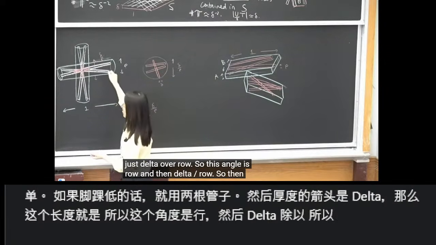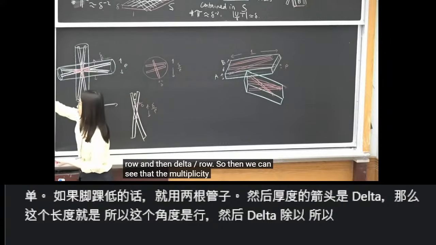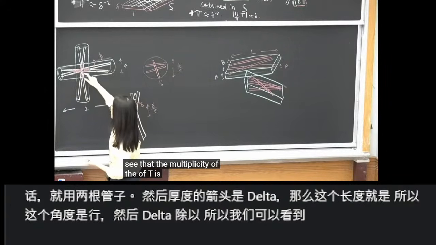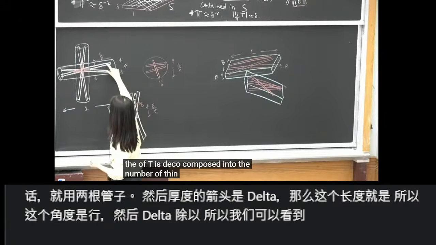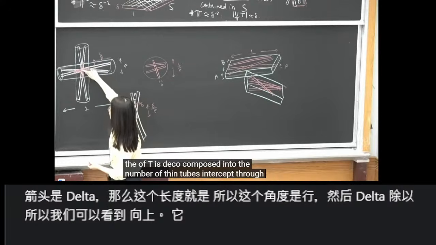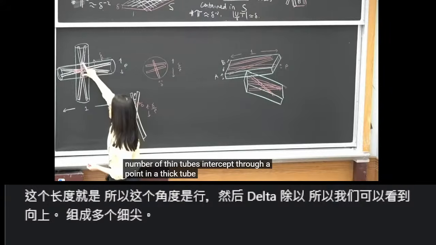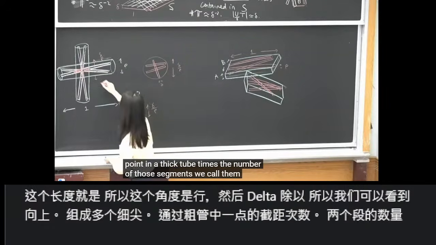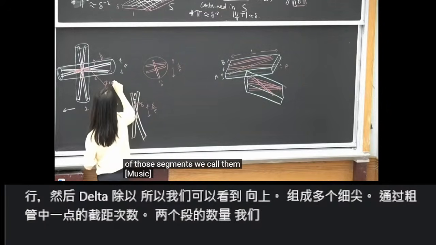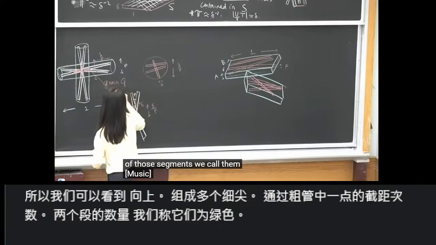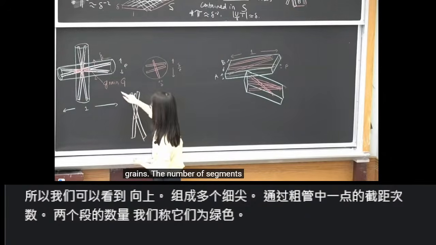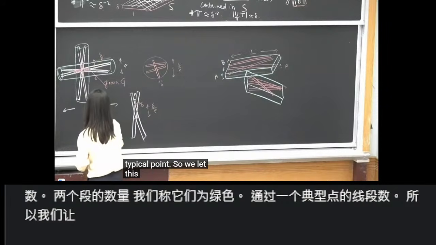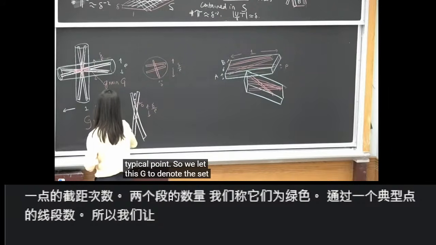So then we can see that the multiplicity of T is decomposed into the number of thin tubes intersecting through a point in a thick tube times the number of those segments. We call them grains, the number of segments through a typical point. So we let G denote the set of grains.